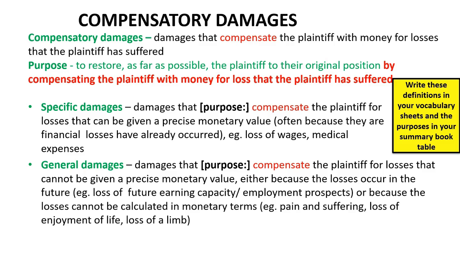It is unlikely that these assumptions will be correct, but we will never know because they are just guesses about what would have happened in the future. So we know that the plaintiff has suffered a loss, but we cannot give that loss a precise monetary value.